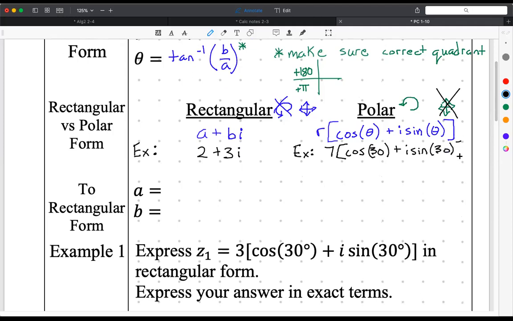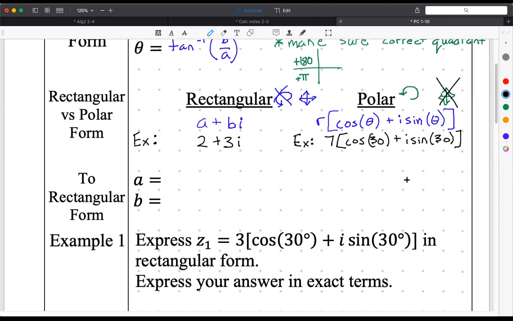It's copy-pasted, so it's a little inefficient in terms of writing, but that is how you write out polar form. You'll never have two different arguments, two different thetas here. They'll be the same theta. And it's always i sine, never i cosine. Cosine is your real axis, right? Cosine gives you real, and sine gives you imaginary. That's why we have the imaginary i multiplied by that sine.